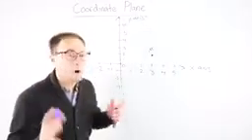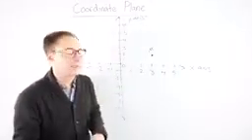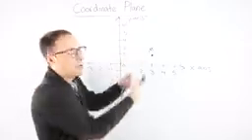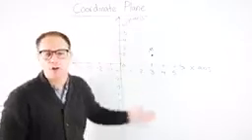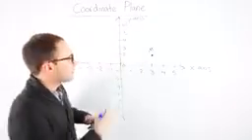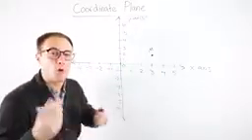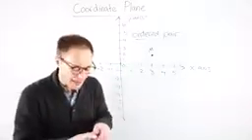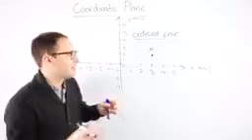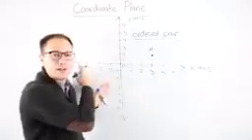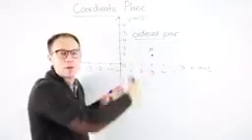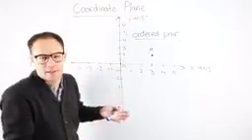Okay, we need to talk about one more thing before we move on to our first example, and that is, what do we call a point that we see in a coordinate plane? Well, what we do is we use something called an ordered pair. An ordered pair is a way of saying, well, this is what we do on the x-axis, and then this is what we do on the y-axis. That's basically what you're doing.